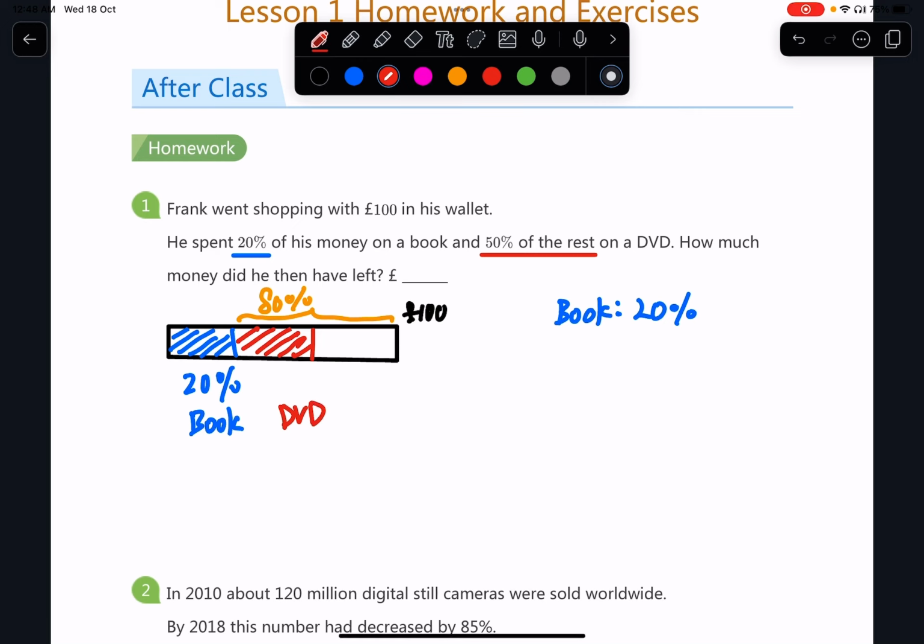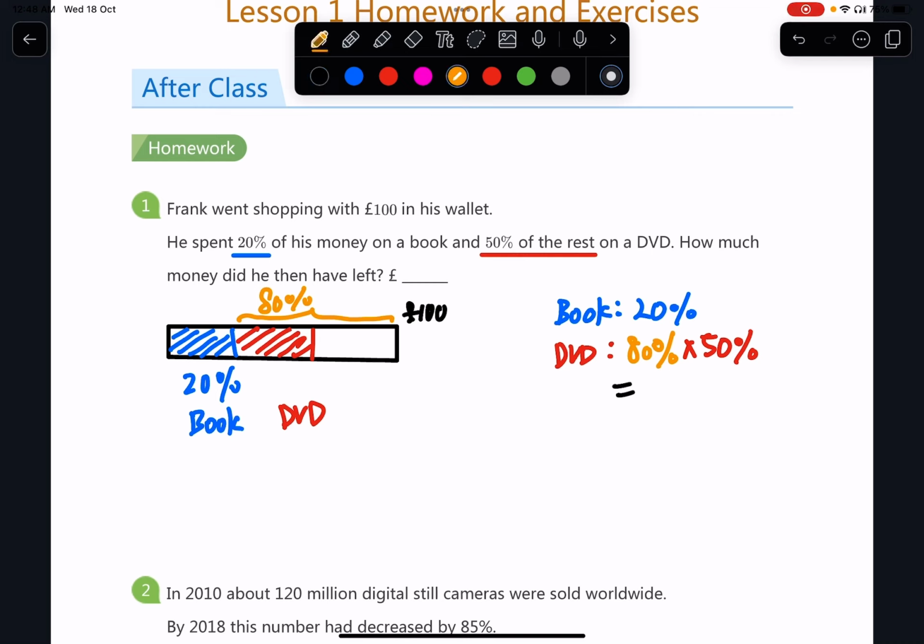So what is the exact percentage for the DVD? It will be 80% times 50%, because it is 50% of the rest, not 50% of the £100, right? So let's calculate this percentage multiplication. 80% is actually 80 out of 100, so it is 4 out of 5.